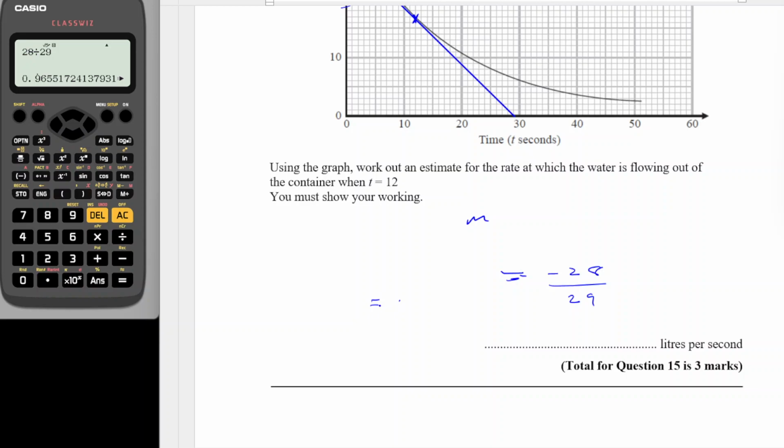So we're looking at, technically it's minus 0.9655 dot dot dot. It says though, estimate the rate at which the water is flowing out. So it's already assuming that we're going to have a negative value. So I'm going to go with, let's say, 0.97. And the mark scheme says accept anything in the range of 0.7 to 1.1.